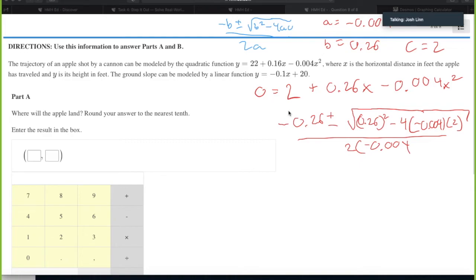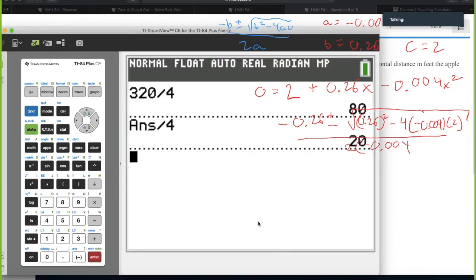Hey, so let's do the calculator game, right? So first things first, I'm going to do the discriminant underneath the square root just to see what I get. Also, that kind of helps me make sure that I keep my order of operations right.